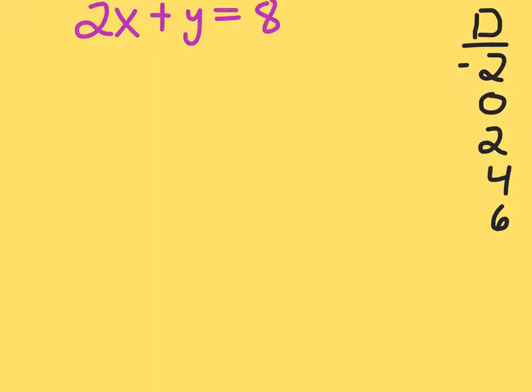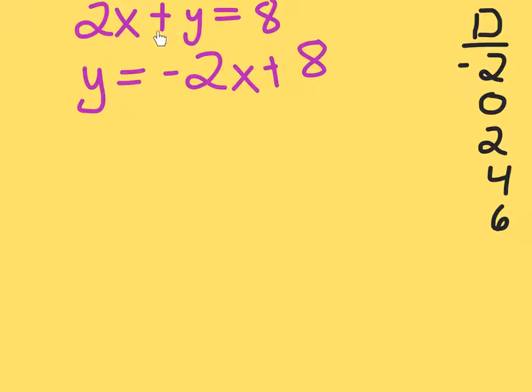To do that, you're going to subtract 2x from both sides, leaving you with y equals -2x plus 8. And I got that because I subtracted 2x from this side, which leaves me with 0, or just y. And I subtract 2x from this side, so I get a negative 2x plus 8.